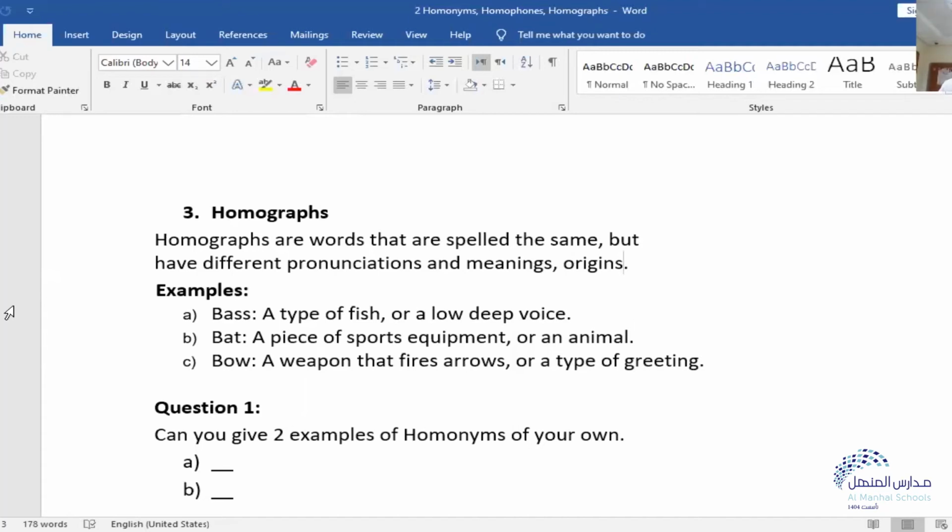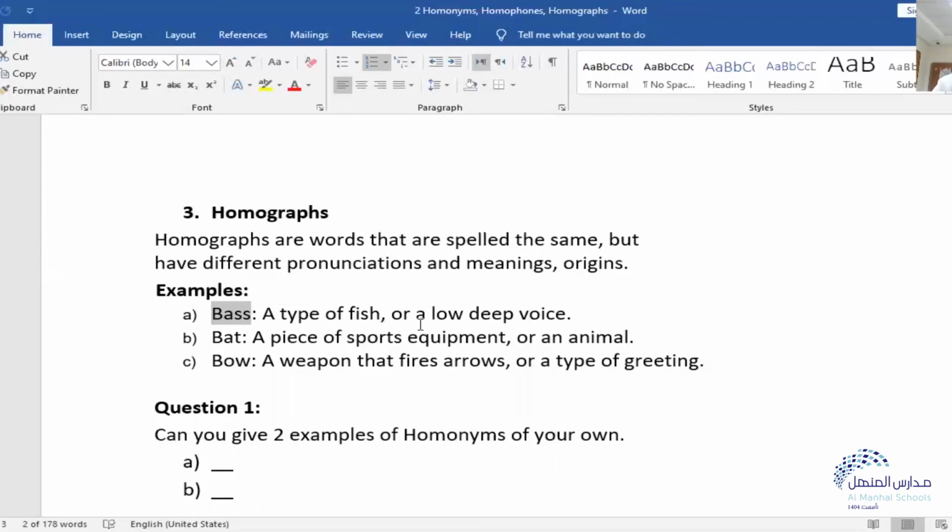Bass is a low, deep voice, or in terms of music, you get a bass drum, or a certain tempo of a song will be marked by its bass, right? So when you think of bass, you think of a sound. Another way to pronounce this is the word bass. Bass is a fish. It's a type of freshwater fish, right? So same spelling, but different pronunciation and meanings there.